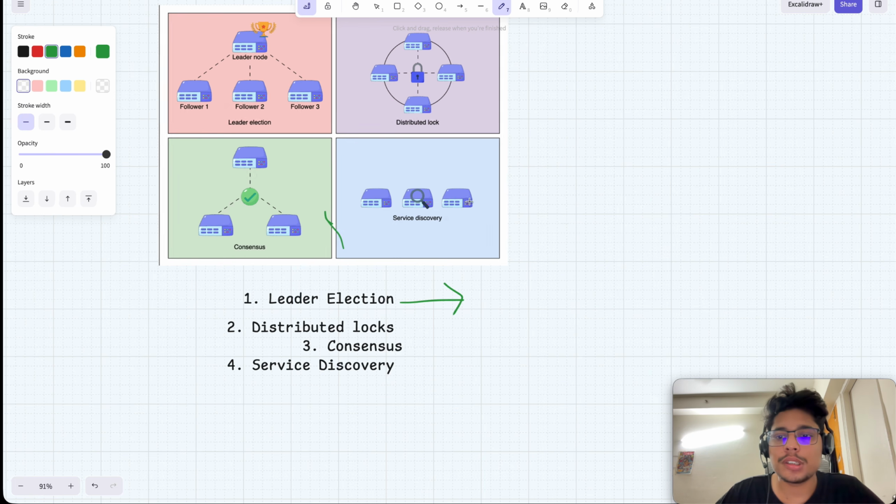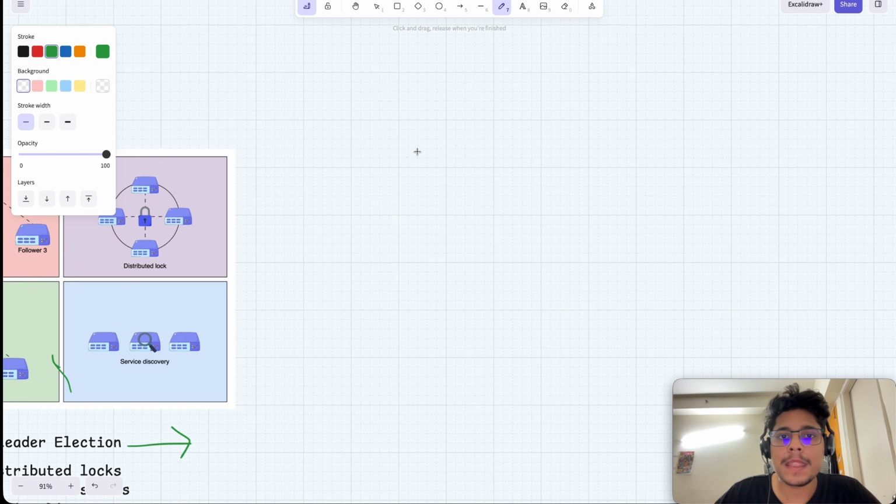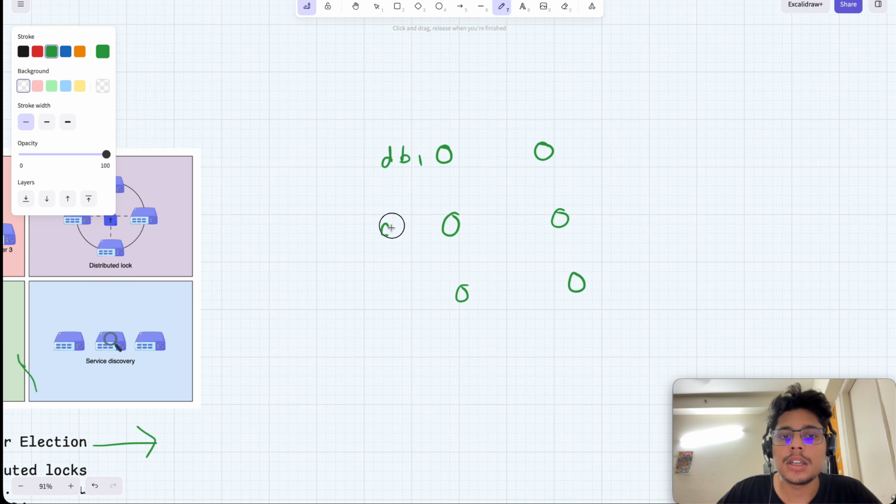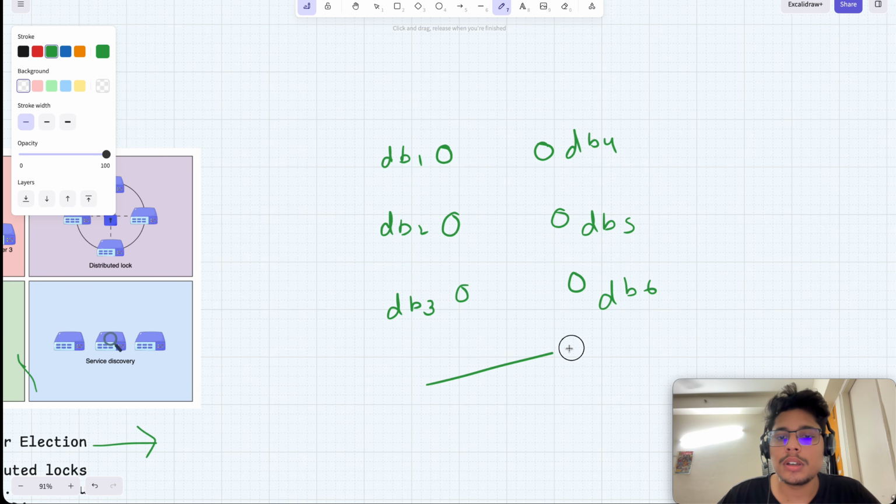So suppose you have nodes, sorry, databases: db1, db2, db3, db4, db5, and db6. Now you said okay, I take 100 rupees from my account and now I have 900.